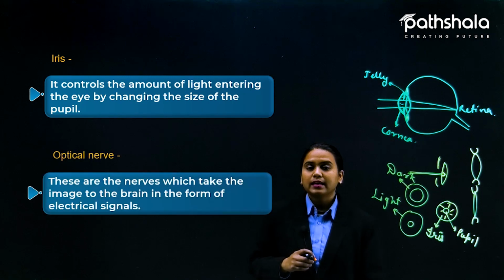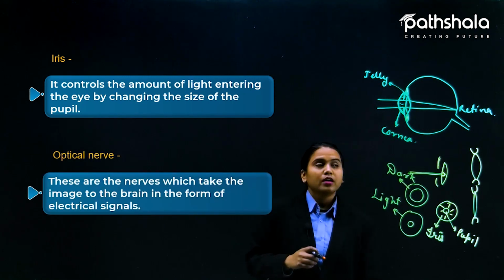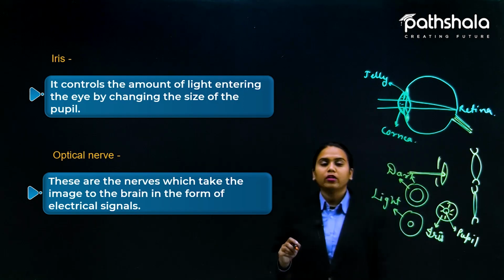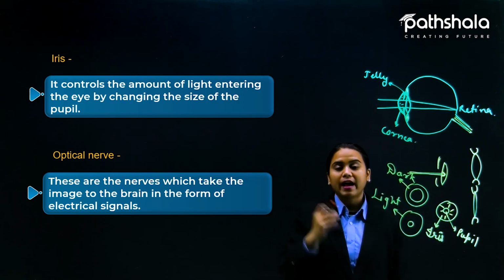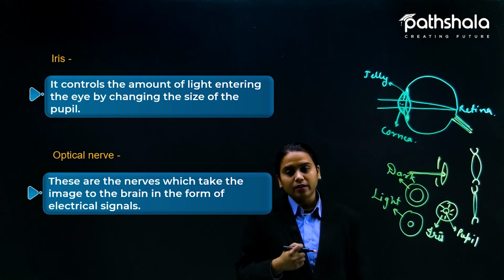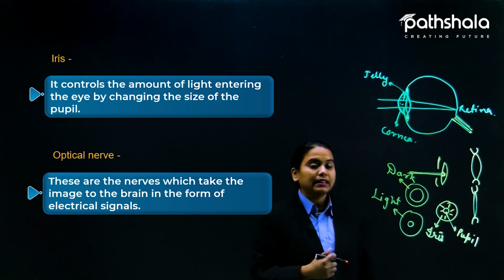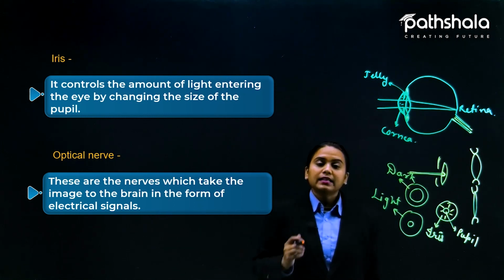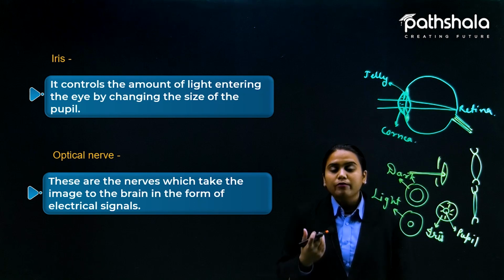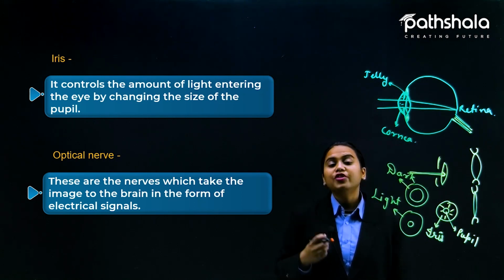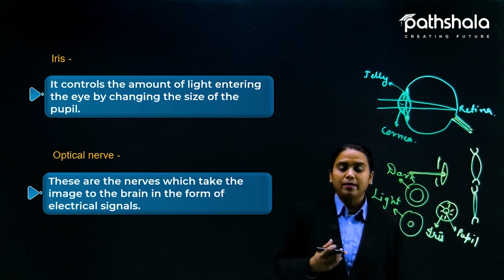Now what is next? Here is the optic nerve. So the optic nerve is this part. I have told you that all the information that we are gathering at the retina is transmitted by the optic nerve, and that is in the form of electrical signals. Yes, electrical signals are the only type of thing that is received by our brain, or understood by our brain.